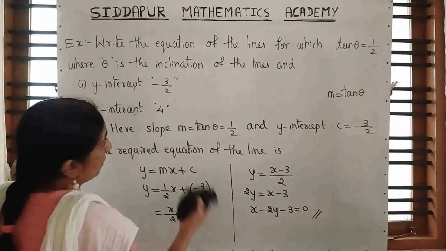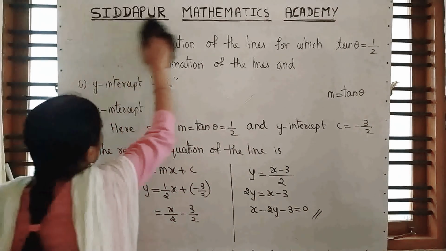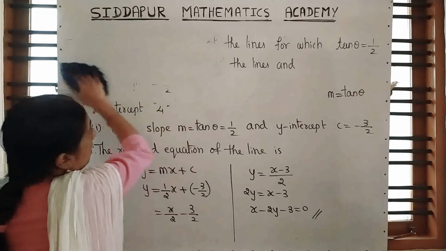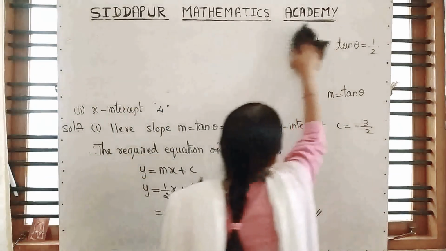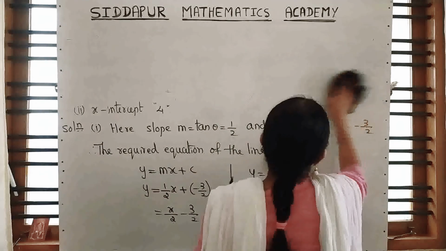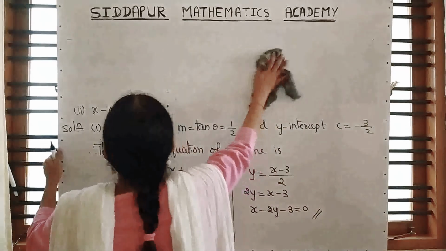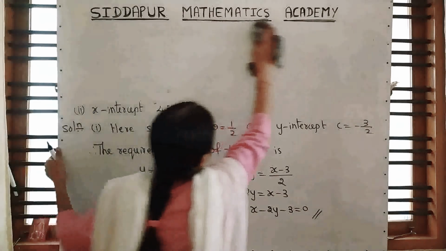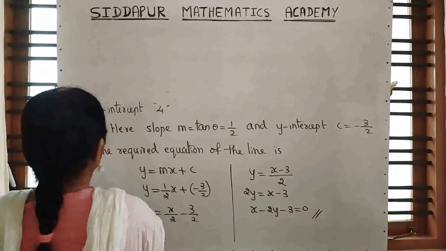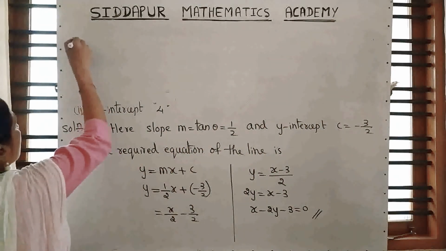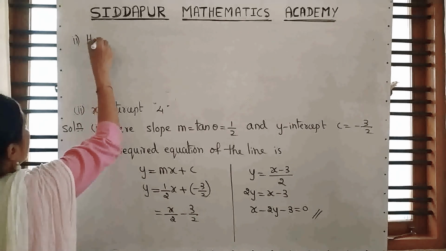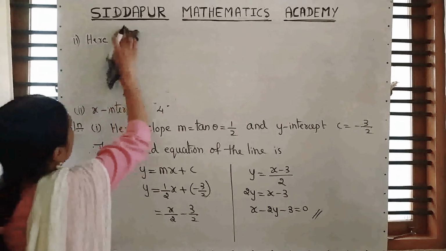The slope is the same because it is common for both. The slope is given as tan theta is 1 by 2 and x-intercept is 4. Yes, write down the solution. Second one. Here the slope is the same.